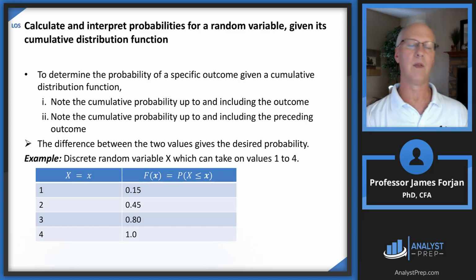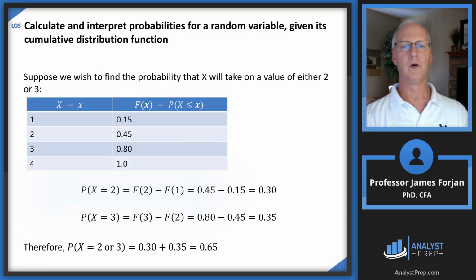So there we have down the left-hand side, we can have a 1, we can have a 2, we can have a 3, or we can have a 4. And there are the associated probabilities on the right-hand column, and those are cumulative probabilities. So the first one has a probability of 15, and then 30, and then what is that? 35, and then 20, and that gets us up to 100%, right?